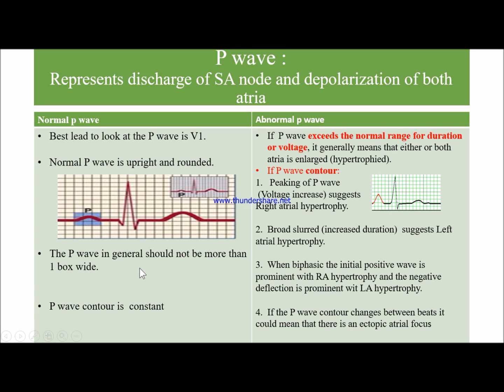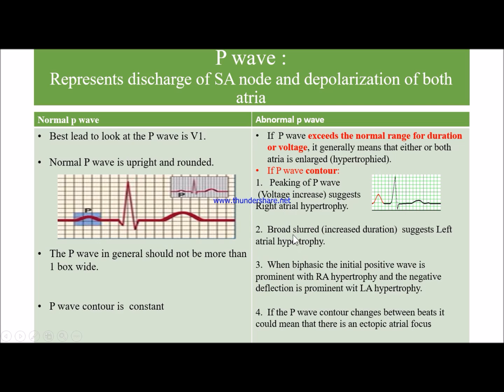If there is an abnormality in the P wave, what will be the cause? If the P wave exceeds the normal range in duration or voltage, it may be rounded, inverted, or peaked. It generally means that either both atria are enlarged or hypertrophied. Remember, if the P wave contour is peaked, as you see here, it suggests right atrial hypertrophy.